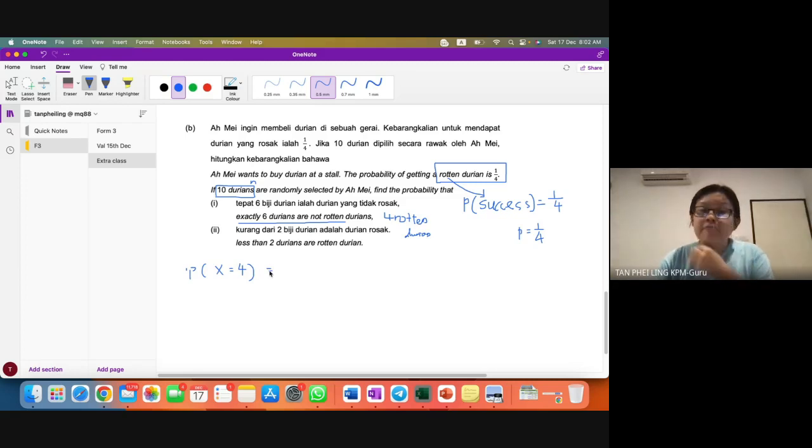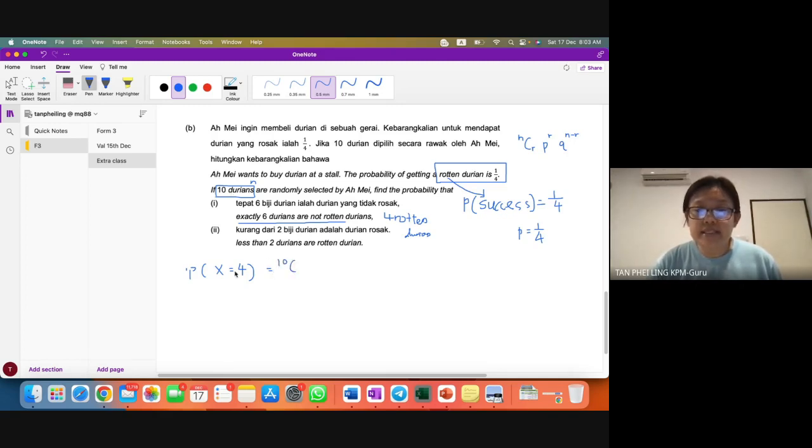Every time when we come to this one, we always like to use the formula, remember, nCr p^r q^(n-r). That's the formula for us to use. So nCr here, the n will be 10, because we choose out 10, am I right?